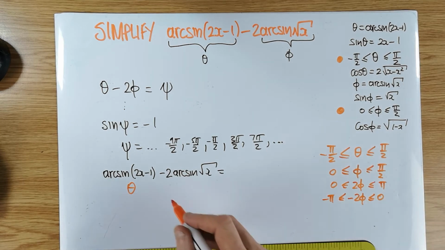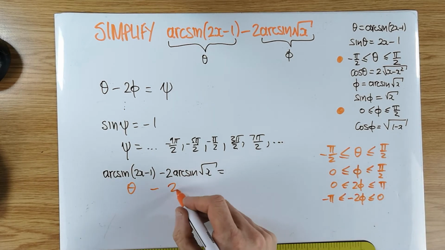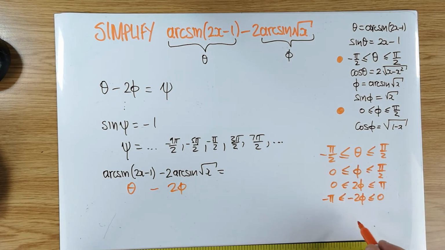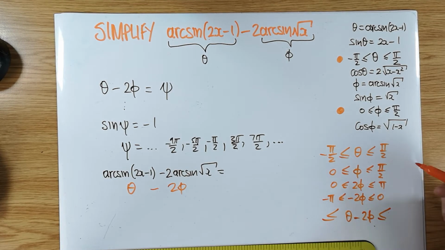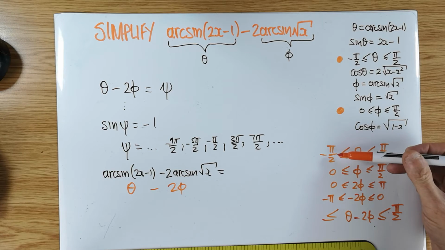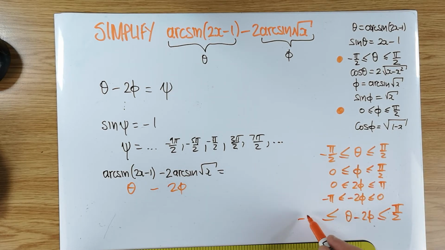So if I want to say, what is theta minus 2 phi? Theta minus 2 phi is a number which is between pi over 2 on the top end, it can be at most pi over 2, and at least, sorry, I beg your pardon, at least minus 3 pi over 2.